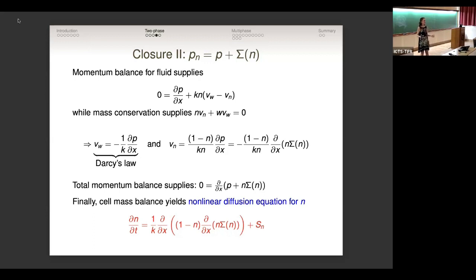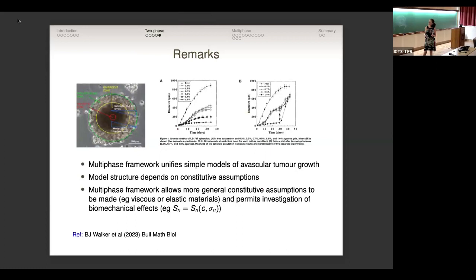In one case, I treat them as incompressible or fluid-like, and in the other case, I assume that there's a fixed density of cells throughout my tumour. And each of those different modelling assumptions gives rise to quite different continuum models at the tissue scale.